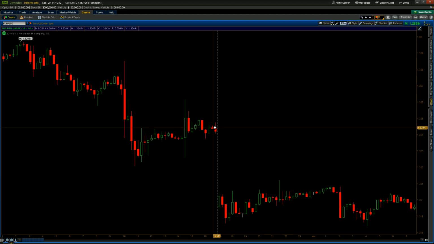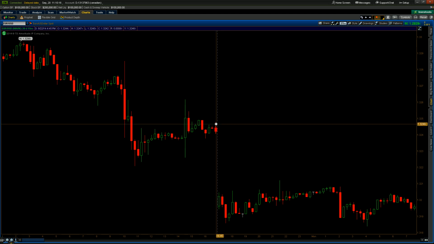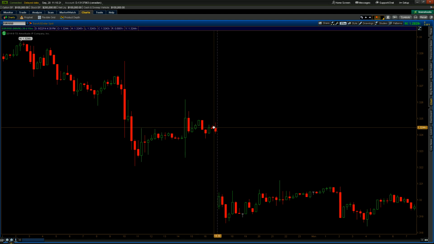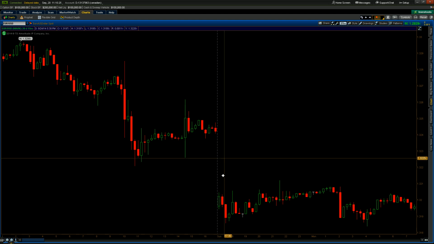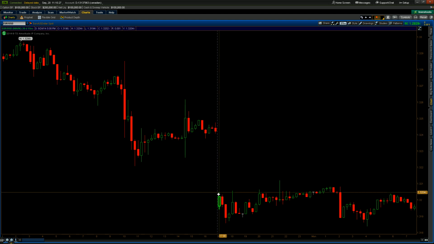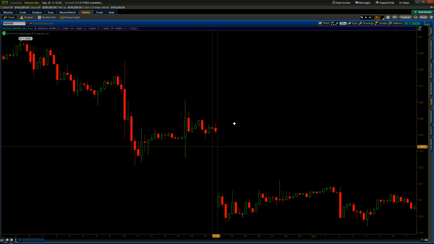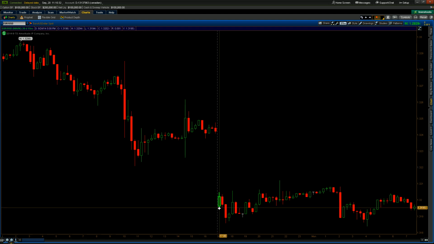So this right here, as you can see the date on the top left, is the 22nd. And then this right here is the 24th. Let's just say your price is here. If the price opens farther under the price on Friday, it will adjust itself.